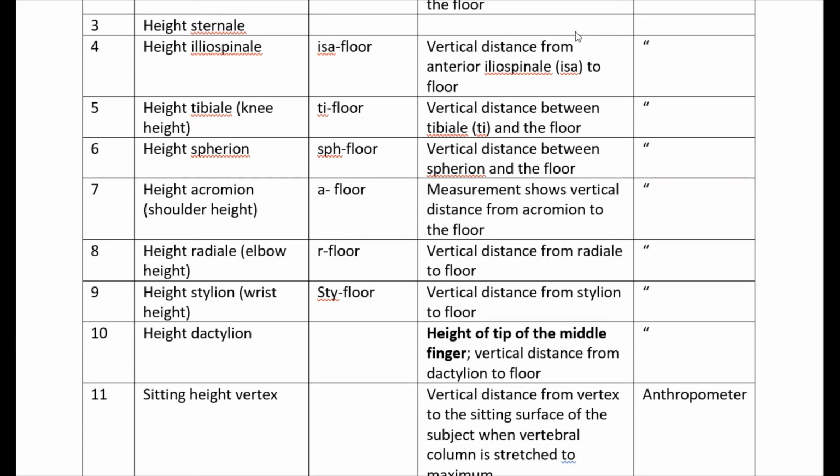When you take the measurement, you ask the person to stand comfortably in the ear plane, their arms hanging straight on the sides. In that case, you take the most anterior point of the iliac spine.